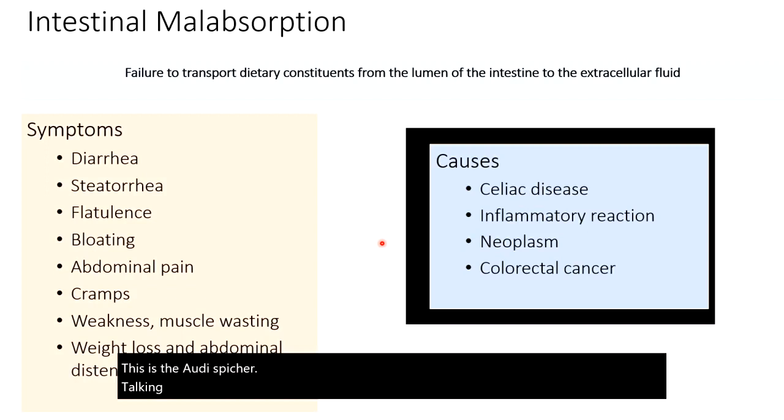Because of that, it will usually cause chronic diarrhea, steatorrhea, a lot of bloating and flatulence, because the bacteria present in the intestines are the ones that are going to be digesting, for example, lactose. Patients are not going to be absorbing nutrients, so it will produce weight loss, weakness.